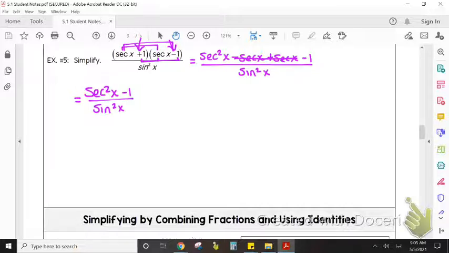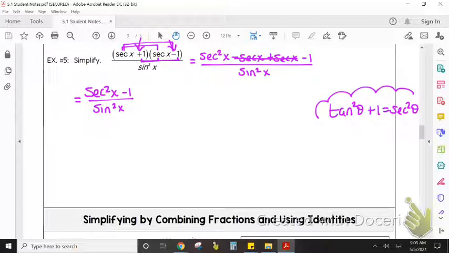So what does secant squared of x minus 1 equal? Well, remember, if it's a trig function squared and a 1, I'm thinking Pythagorean identities. So I'm looking at the one that has secant squared. It tells me that tangent squared of theta plus 1 is equal to secant squared of theta.